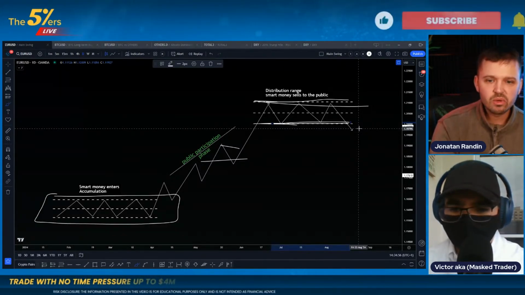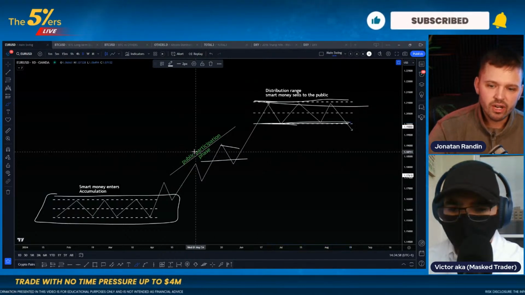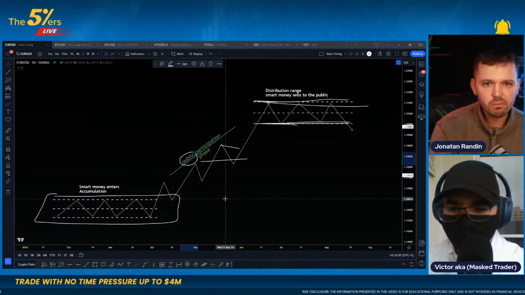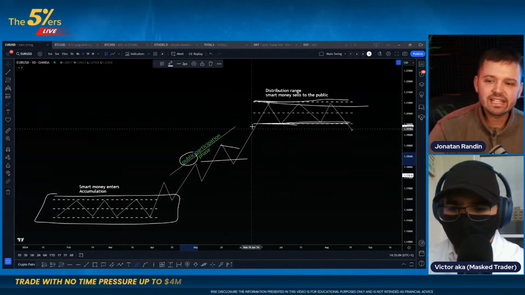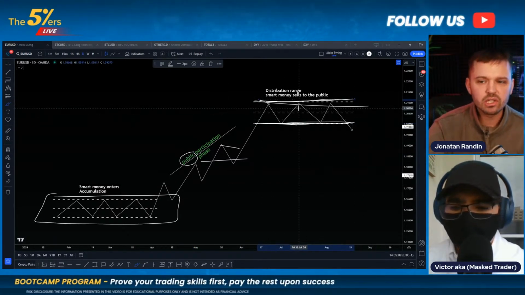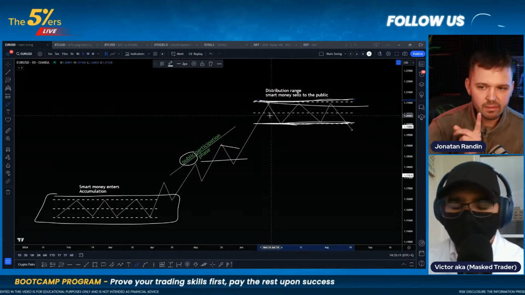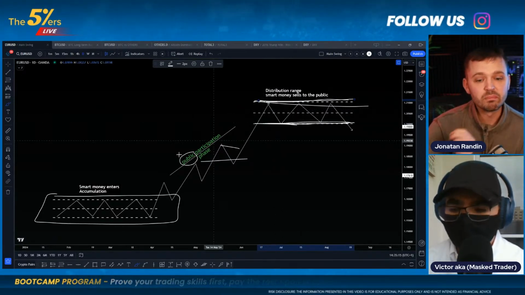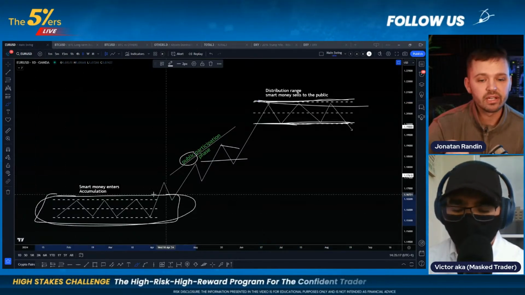Where do they get liquidity from? They get it from the public that enters in the public participation phase. They get the liquidity from the euphoria, because some people are still going to be buying up here. And the people that buy are just exit liquidity for the people that bought down here.